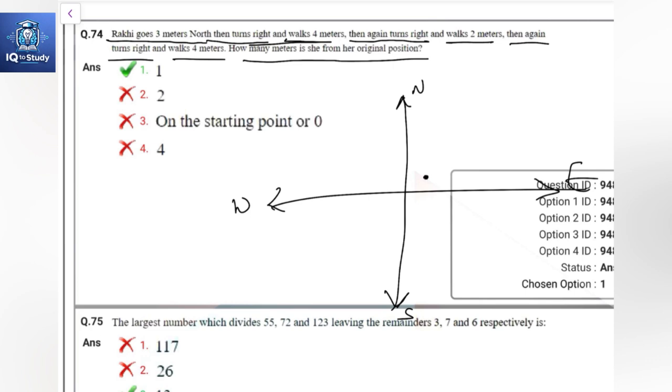Let it be the starting point and it is 3 meters, and then turns right and walks 4 meters. It is 4 meters. Then again turns right and walks 2 meters. And then again turns right and walks 4 meters.